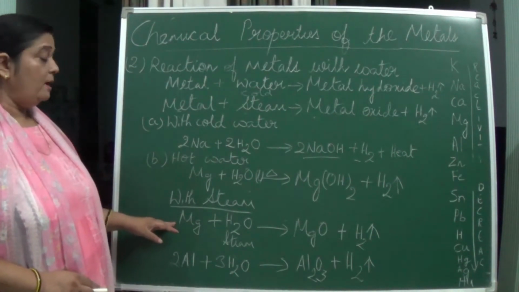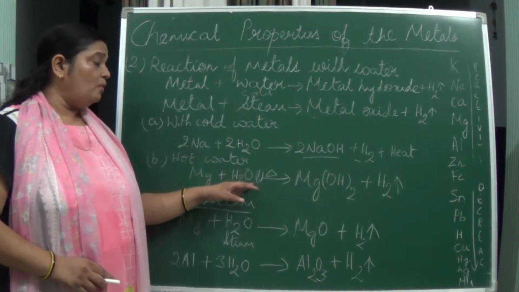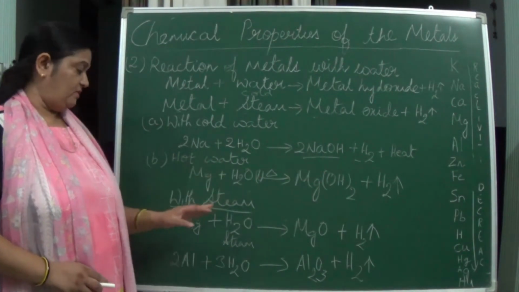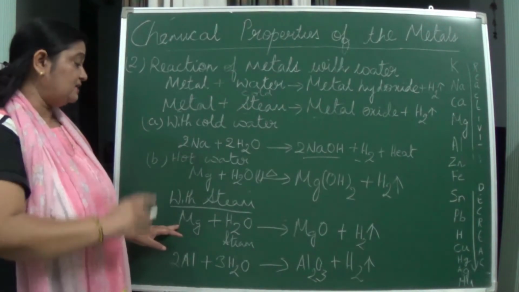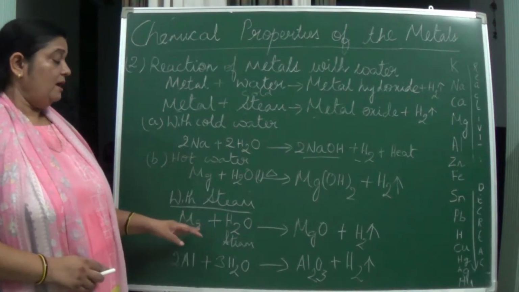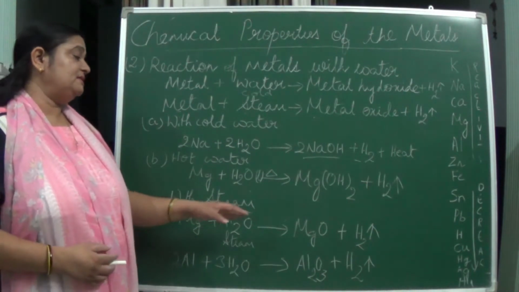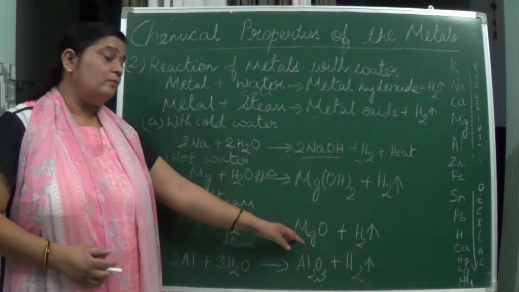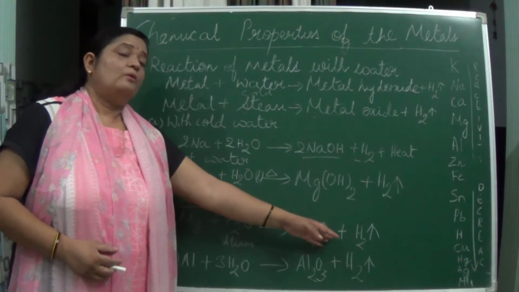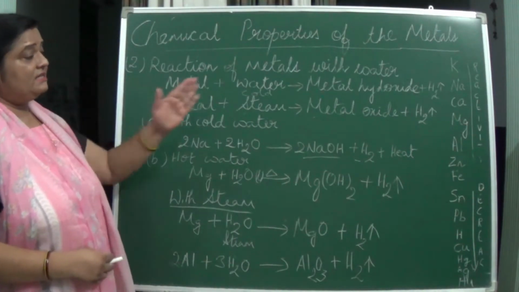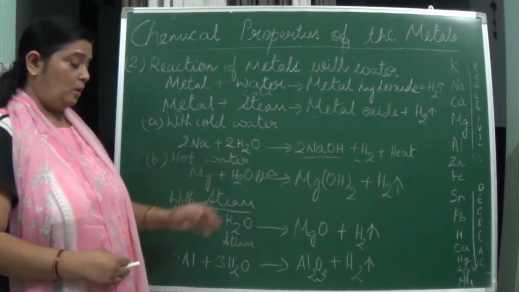So magnesium, when it reacts with warm water, gives magnesium hydroxide and hydrogen is given out. But when magnesium reacts with steam, which means water in the gaseous form, it gives magnesium oxide plus hydrogen gas. Likewise we can see with aluminium, zinc, iron also.